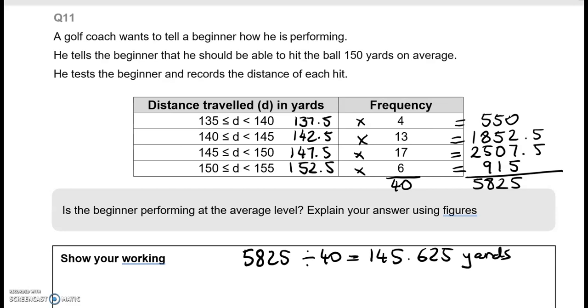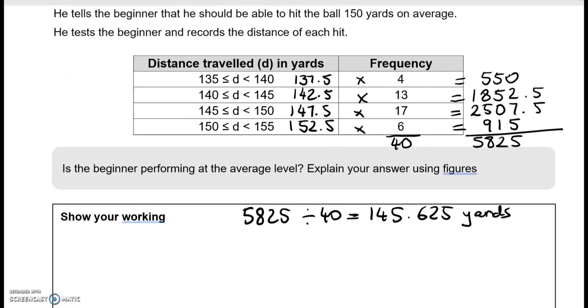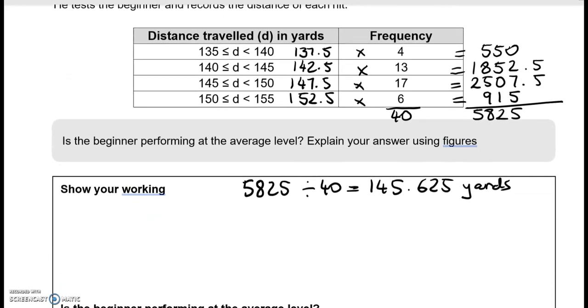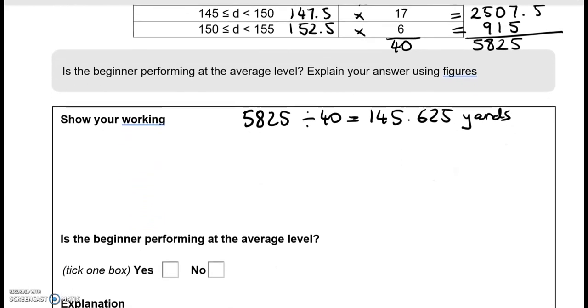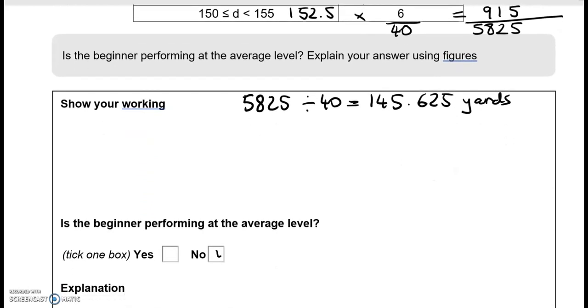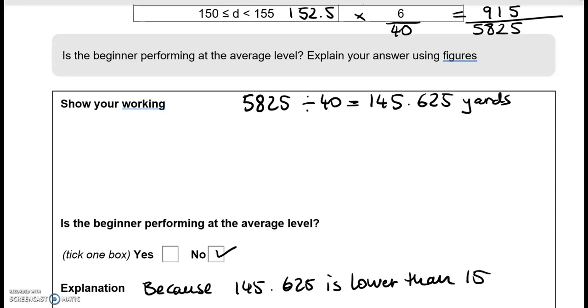And in terms of answering the question, is the beginner performing at the average level? We can say no, because 145.625 is lower than 150.